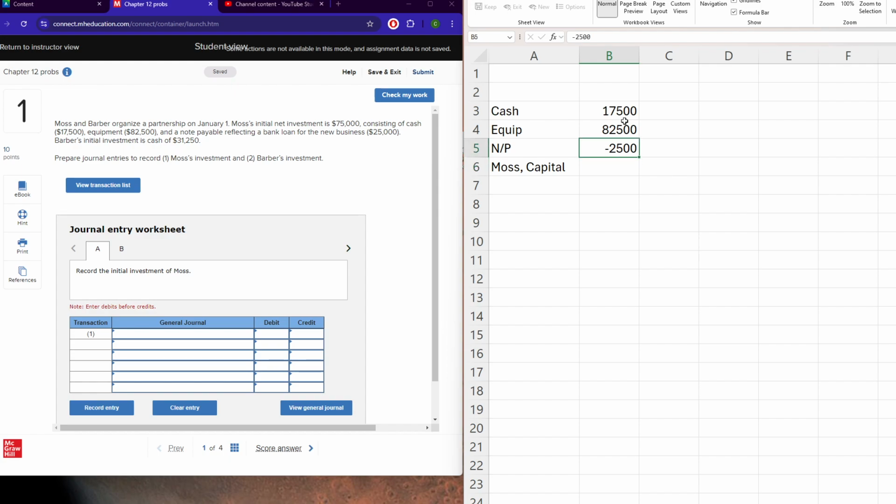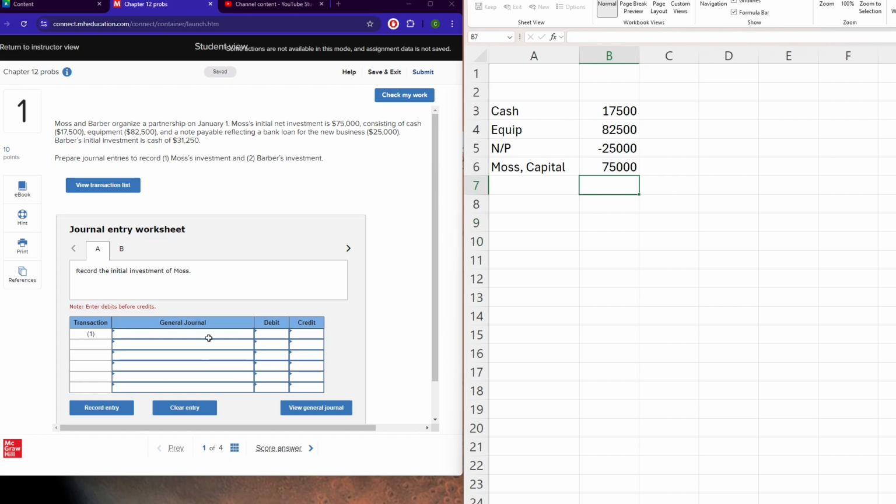Oop, that's a 0 there. And so at this point, we can get the value of Moss's contribution. And his net investment is $75,000.